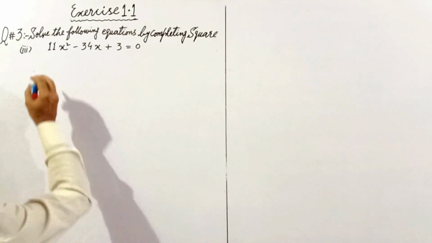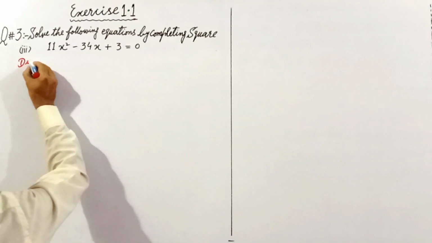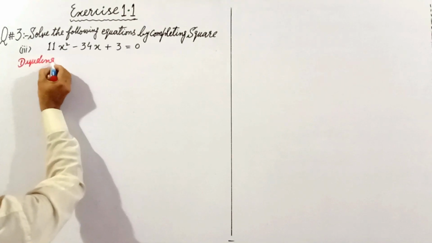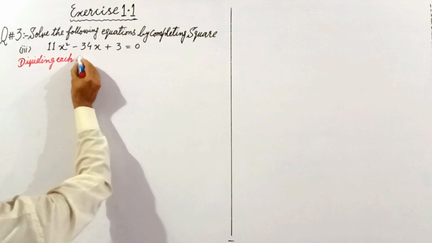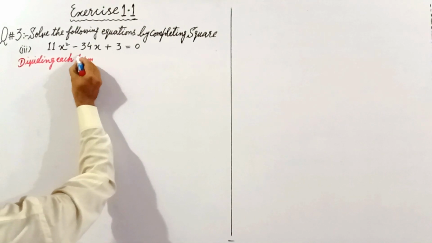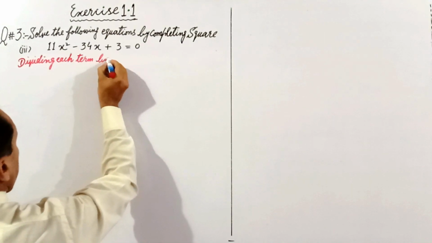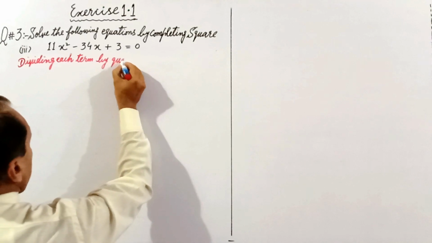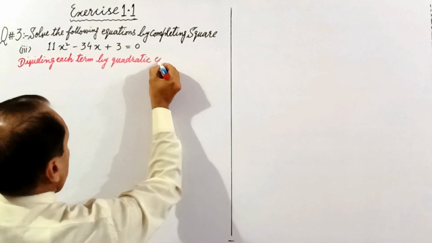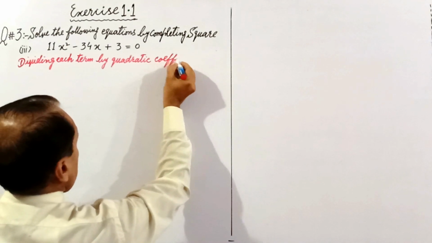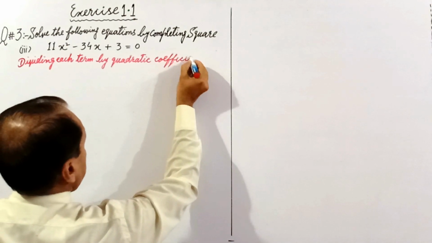In the first step, dividing each term by quadratic coefficient.